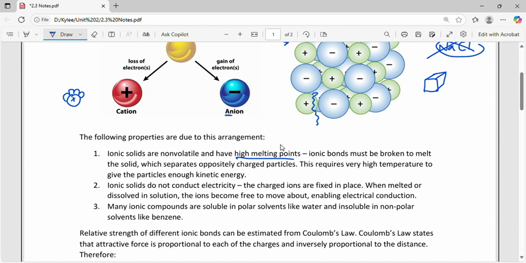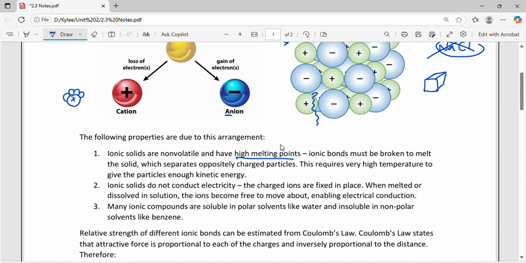Ionic solids do not conduct electricity because their charges are fixed in one place. The charge of the positive cation and the negative anion are not flowing all over like we see in what's called a metallic bond. The cation and anion are locked in place. They're not free to move about.